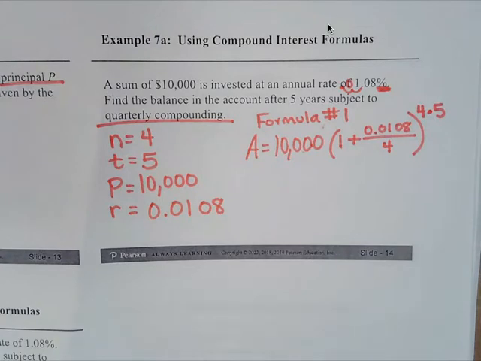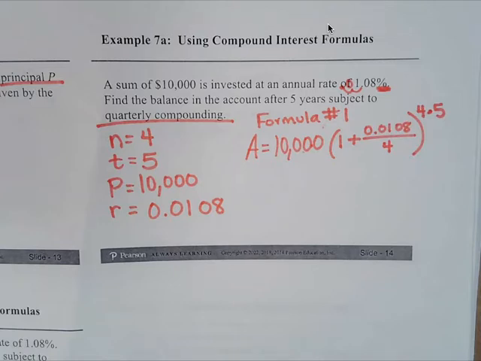Is that really low? I got 10,122. Where did I go wrong? What's the answer?